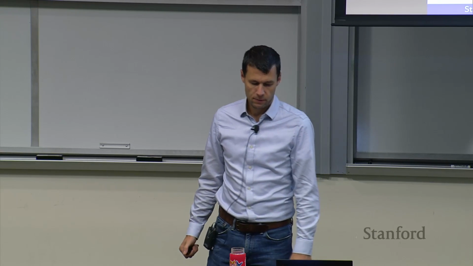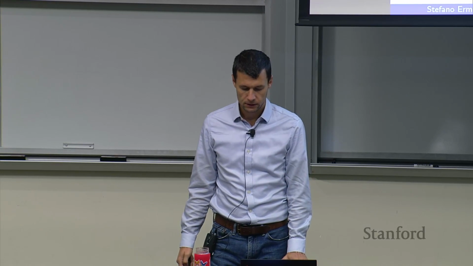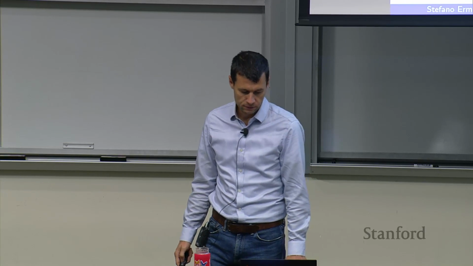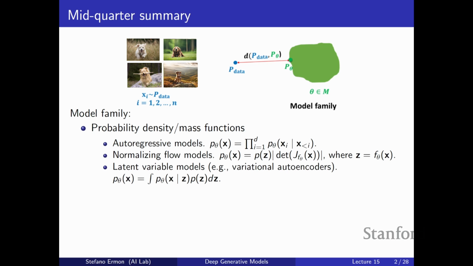As a brief recap, we've talked a lot about modeling. We talked about different types of probabilistic models that you can use. You can work directly with the probability density or the probability mass function, in which case we've seen autoregressive models, normalizing flow models, and latent variable models like the variational autoencoder. We've seen energy-based models.